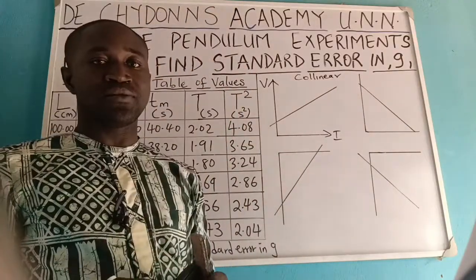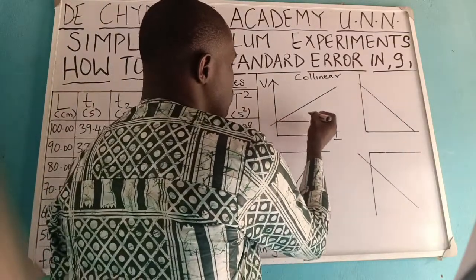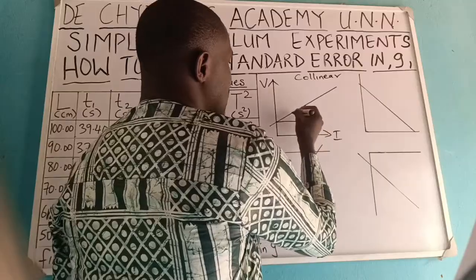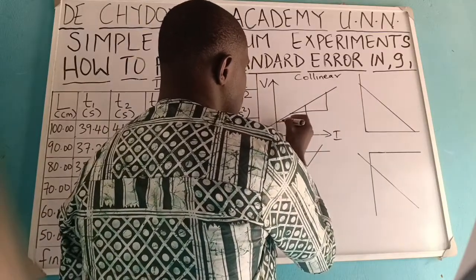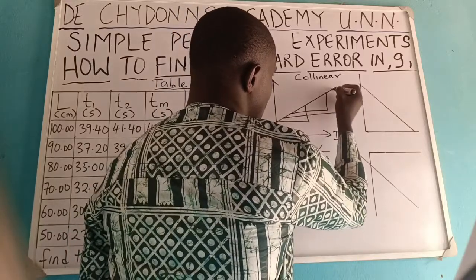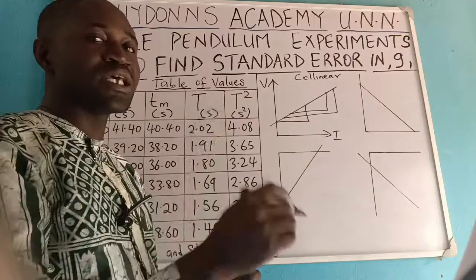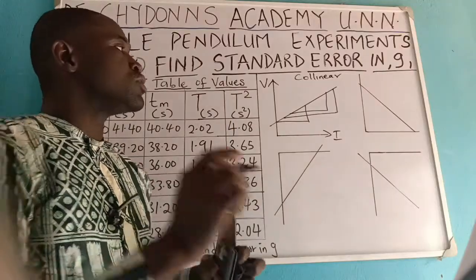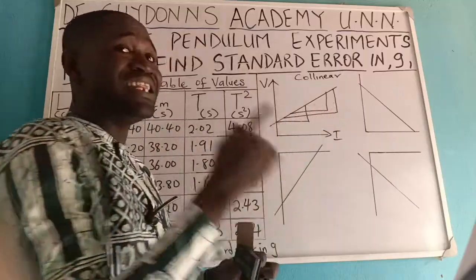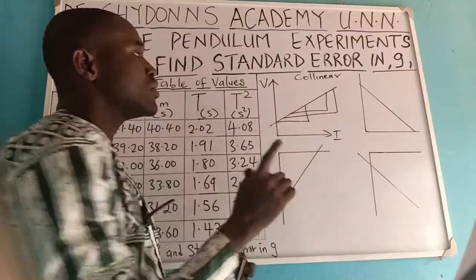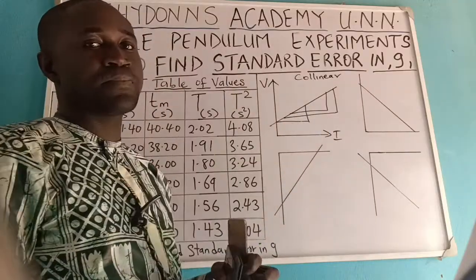What does it mean? It means that if I take the slope from here to here, or I take it from here to here, or I take it from here to here, they will all give me same slope. Slope of this one will be the same with this or nearly the same with this, will be the same with the bigger one or nearly with that.